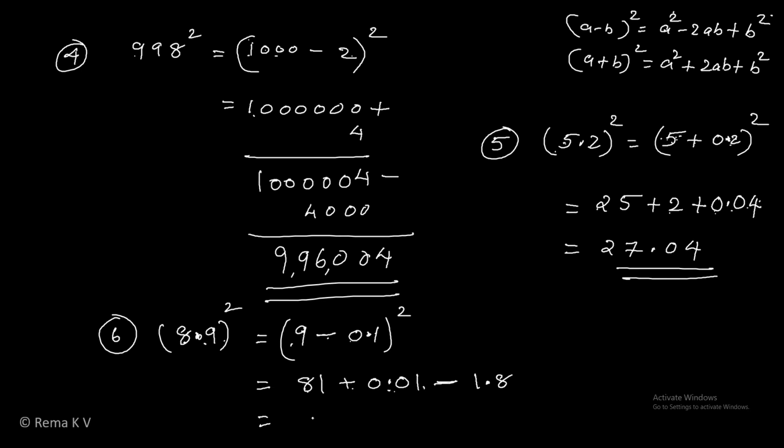This can be written as 81.01. Whole number part is 81 and 0.01. So 81.01 minus 1.8. Subtracting, you will get 1 minus 0, it is 1.